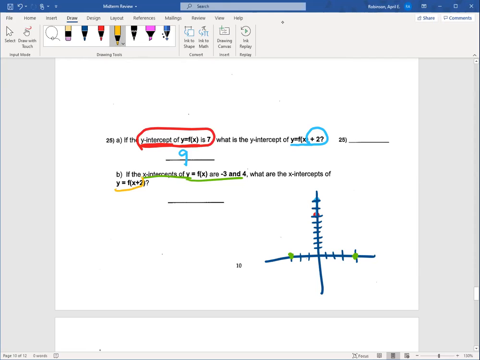That means the plus 2 is added to the x on the inside of the parentheses, so we're going to shift 2 to the left. So we go 1, 2, land here, 1, 2, land here. And my new x-intercepts: this one's -5 and this one's +2. There you go.